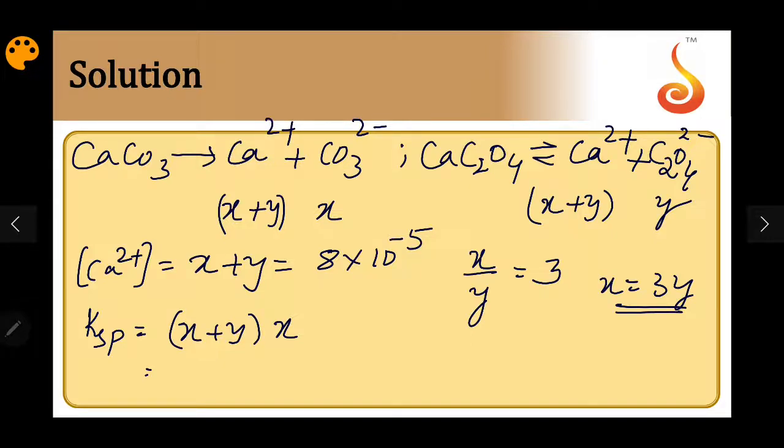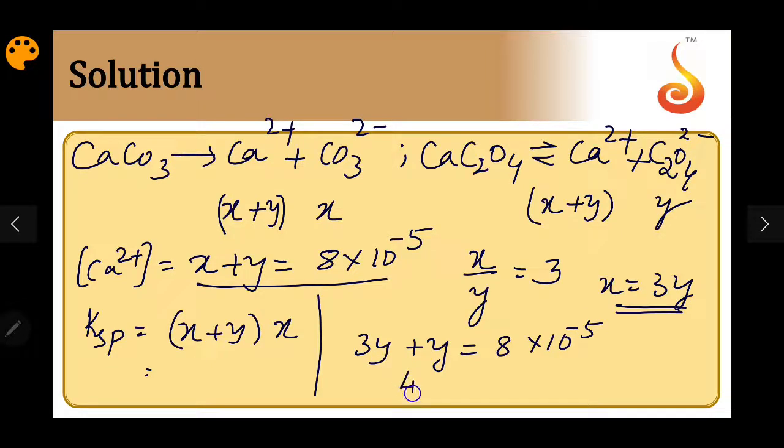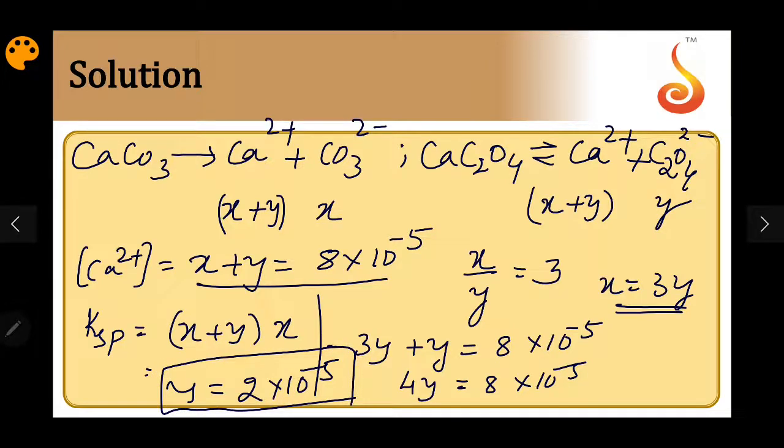So substituting X as 3Y in this calcium concentration, 3Y plus Y is equal to 8 × 10^-5. So 4Y is equal to 8 × 10^-5, or Y is equal to 2 × 10^-5. This is the value of Y. So X I can get as 2 × 3, which is 6 × 10^-5.